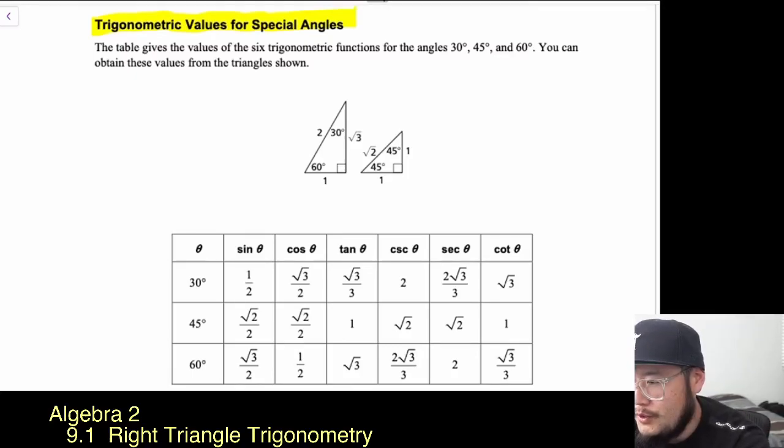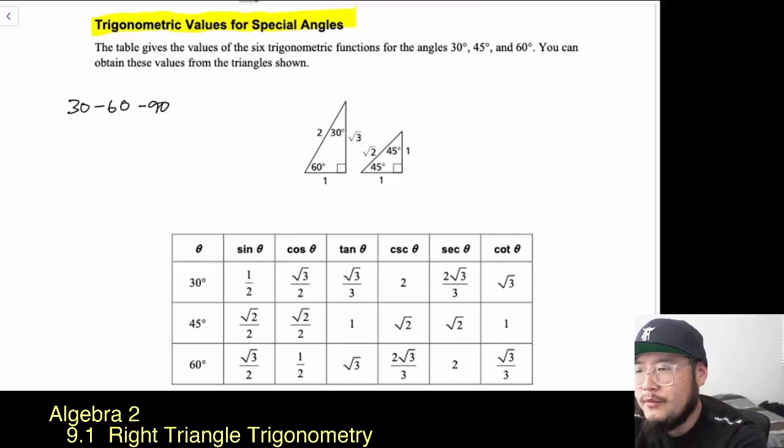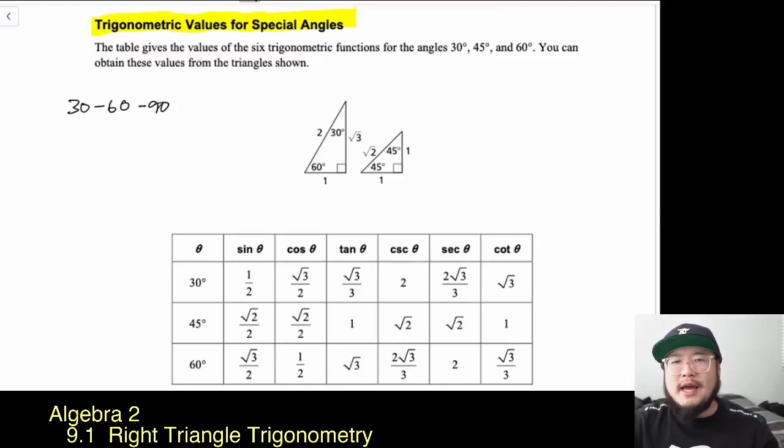The first one we have is a 30, 60, 90 right triangle. I'm going to write that down: 30, 60, and 90, in reference to the triangle on the left. This applies only to a triangle that has 30, 60, and 90 as the degrees.